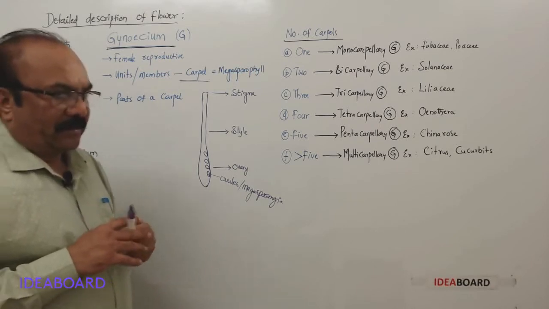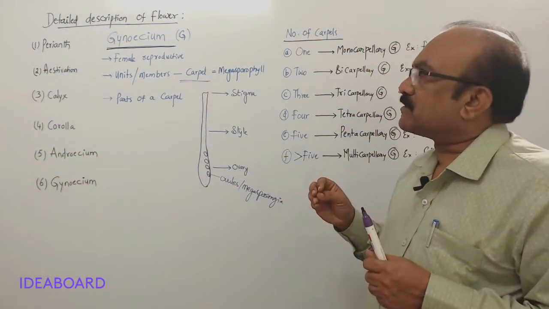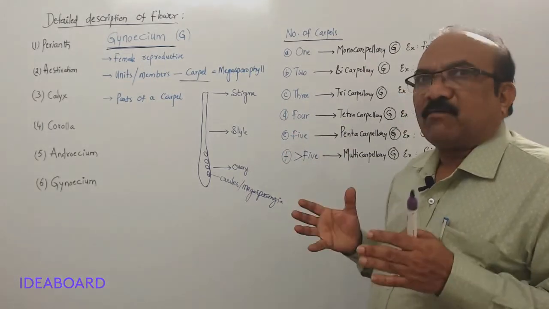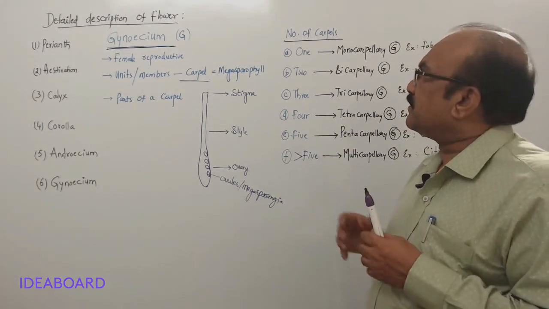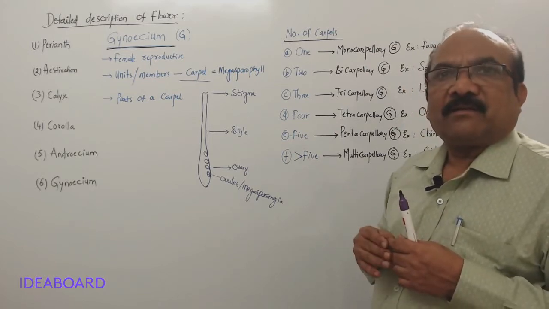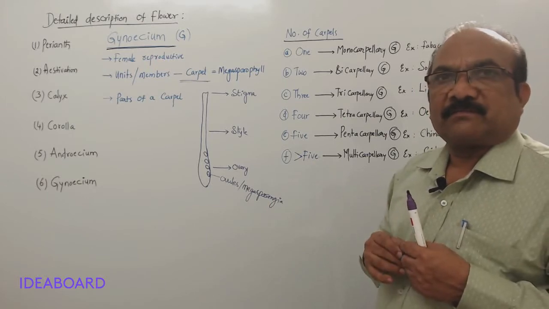Now let us see how many carpels are present in a gynoecium. This number will vary from plant to plant, or from species to species.